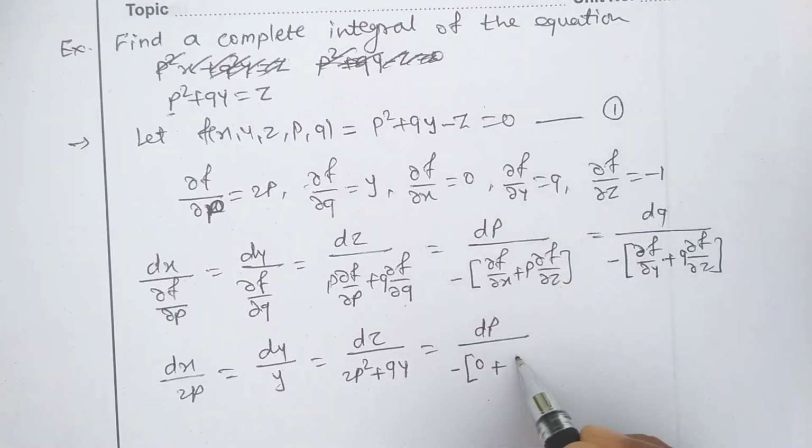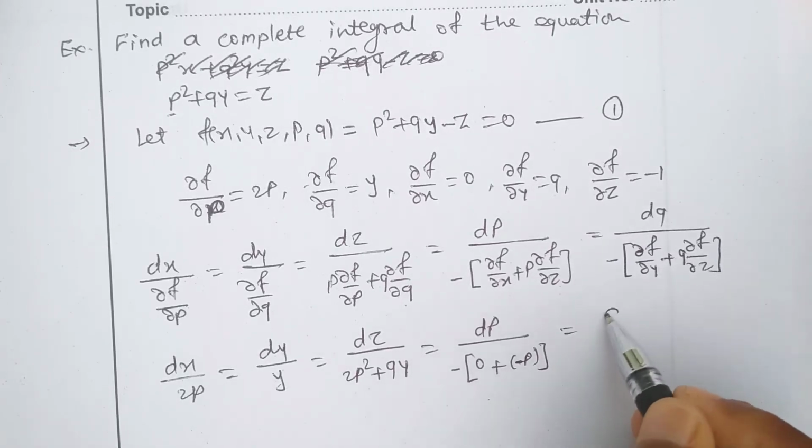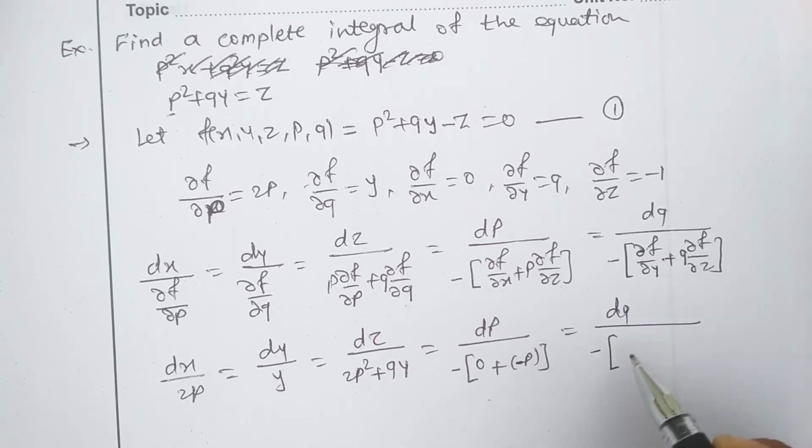So p into minus 1, it is minus p. This is equal to dq upon minus bracket del f by del y, it is q, plus q into del f by del z, so q into minus 1.